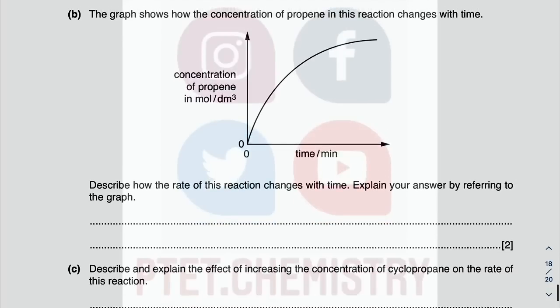So the next question is asking you how the rate changes with time. Refer to the graph. I'm going to very quickly draw a tangent. I'm sure you have heard of this word tangent because you do it in maths. I don't have a ruler, so this is the best tangent I can draw.